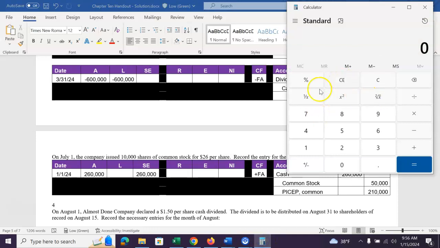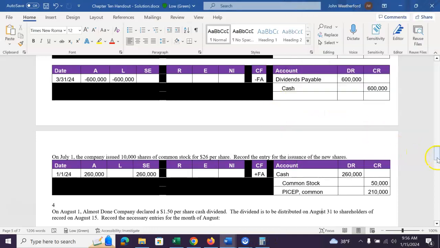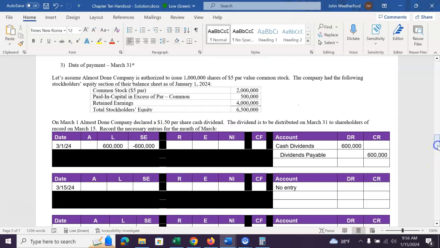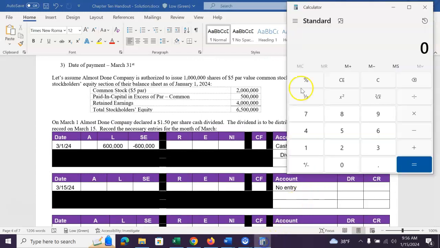So let's go back to the top of the problem. When we started here, we took our $2 million balance in common stock and divided it by the $5 par value, and that told us we had 400,000 shares issued, right?